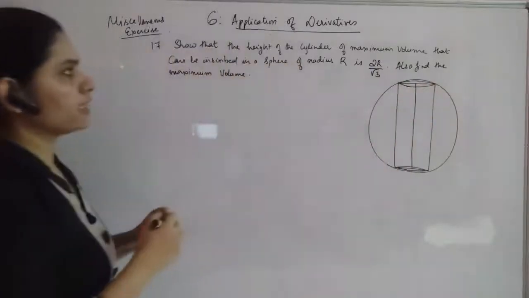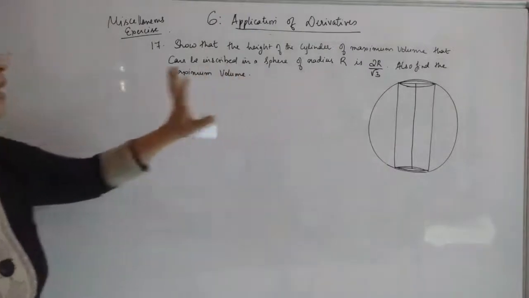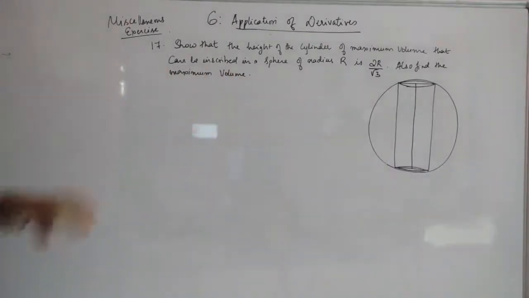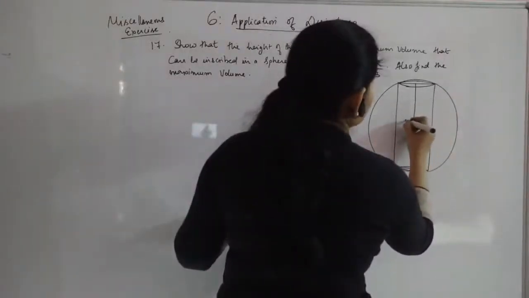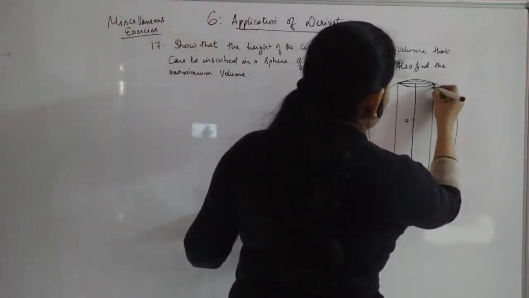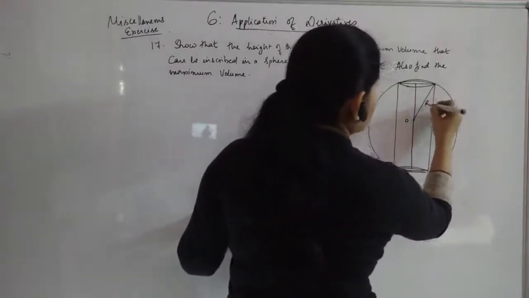Okay, this much we have taken. Now the given part is sphere of radius R, means again the radius of the sphere is given to be capital R, and again we are considering some triangle. So this is O, either here you can take or here you can take, so same concept. Okay, so this is given to be capital R.